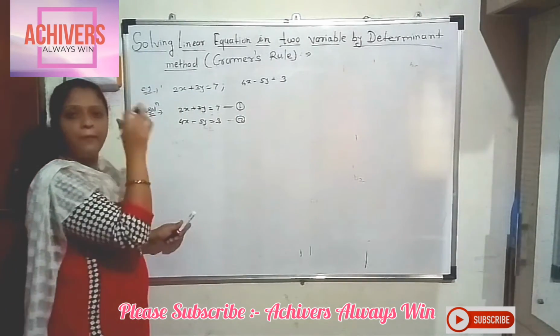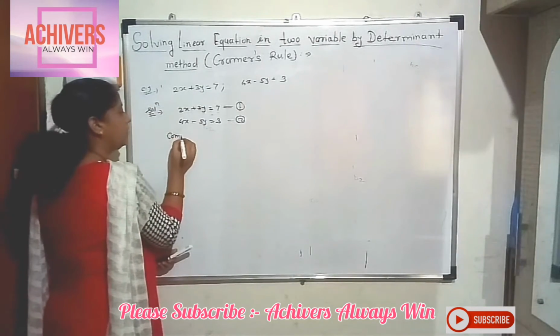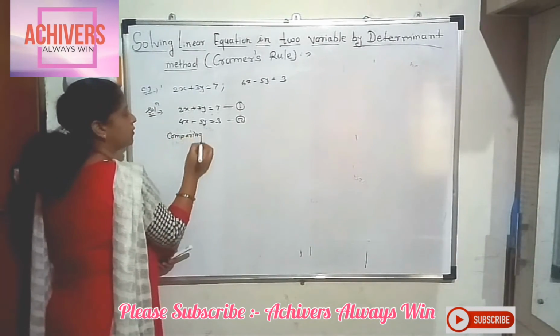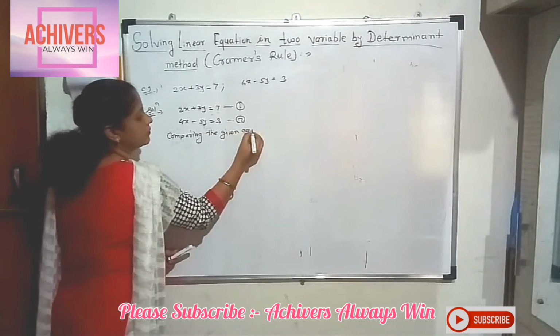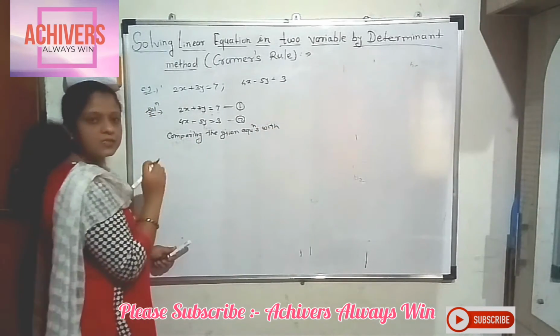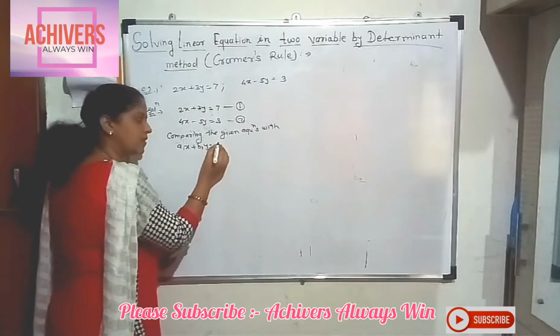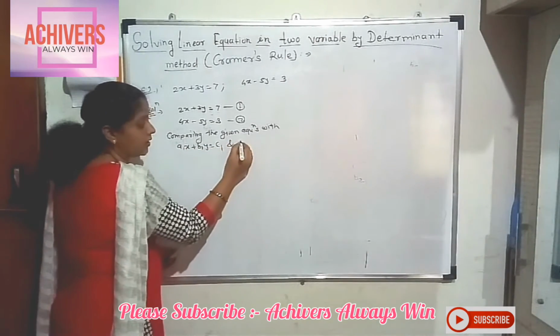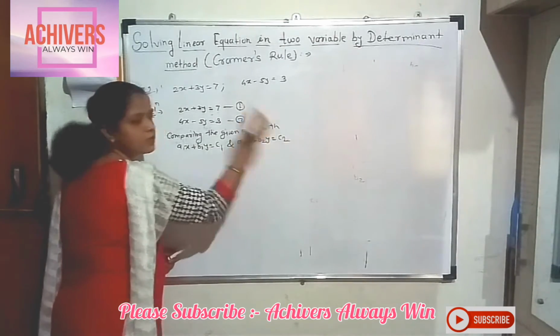Then we compare the given equations with which equations? A1x plus B1y is equal to C1, and another A2x plus B2y is equal to C2.